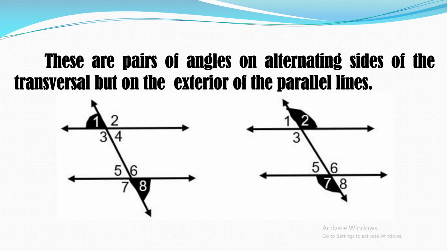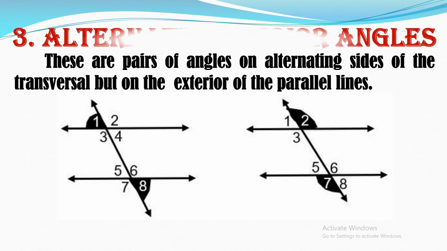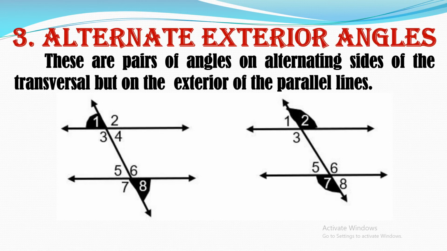So if a while back we called the pairs of angles on alternating sides of the transversal on the interior of the parallel lines as alternate interior angles, what do you think can we call these pairs of angles on alternating sides of the transversal on the exterior of the parallel lines? Very good. They are called alternate exterior angles.